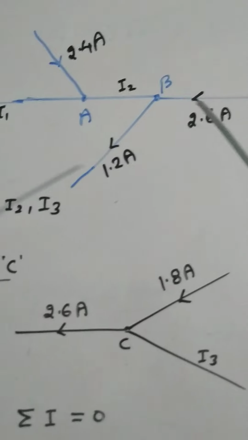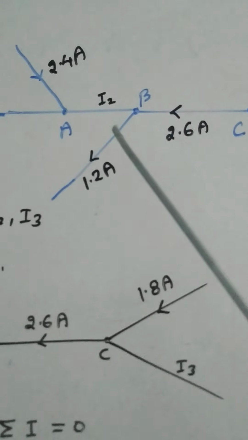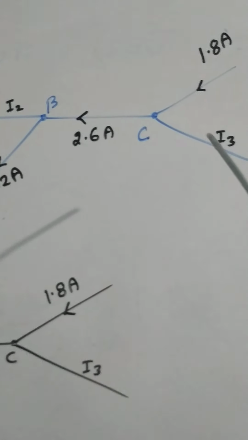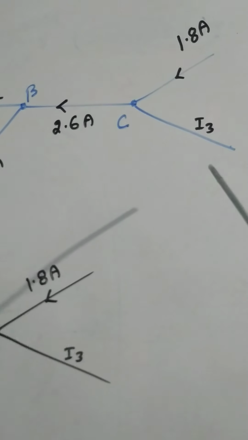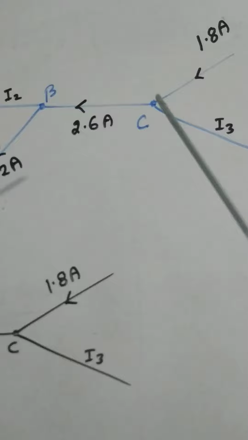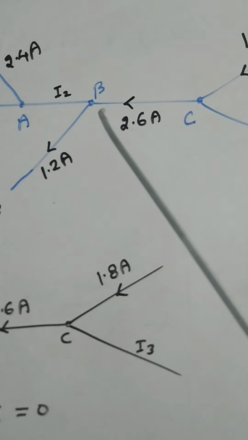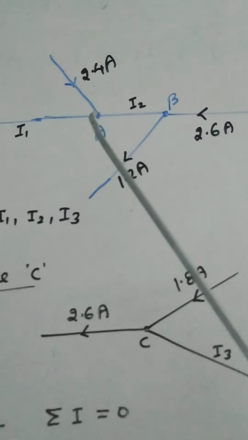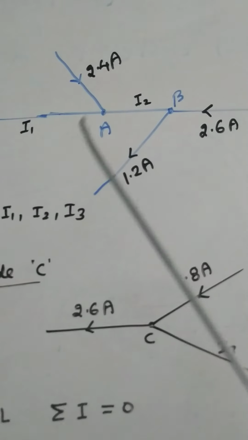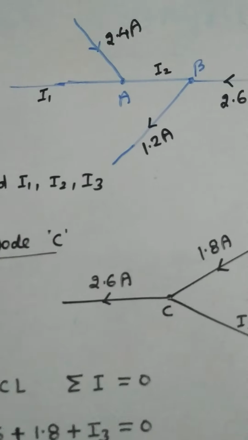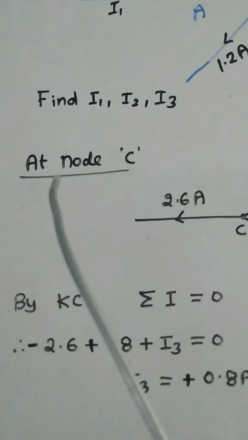At point B, only one unknown current I2 is there, and at node C again only one unknown current I3 is there. So we can start either from node point C or node point B. If we start from point A, we cannot find the values of I1 and I2 because two unknowns are there. So we start with node C.